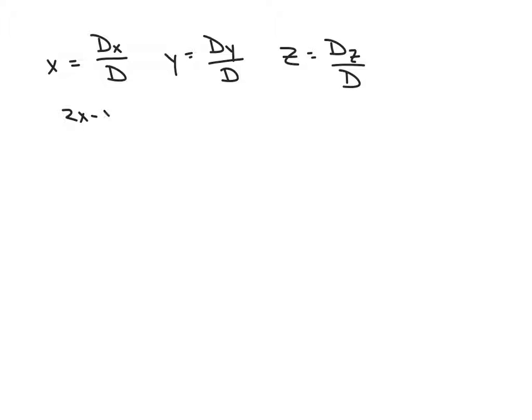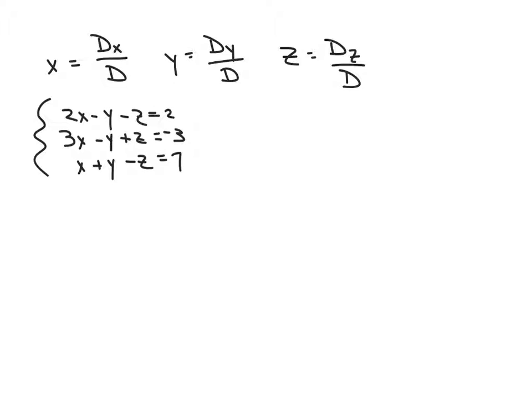2x minus y minus z equals 2, and I'm doing example 4. Okay, there's the system, and I have 3 equations and 3 variables.